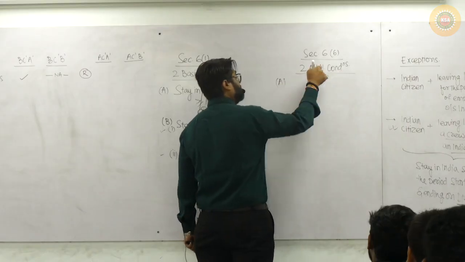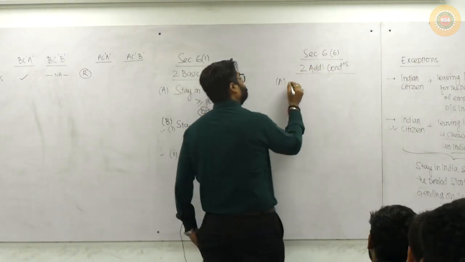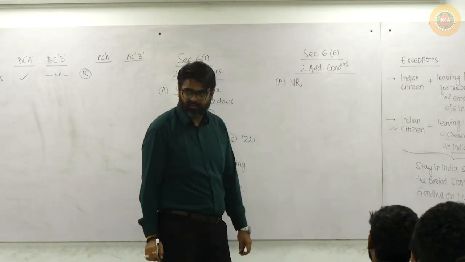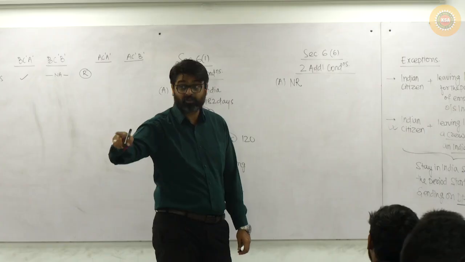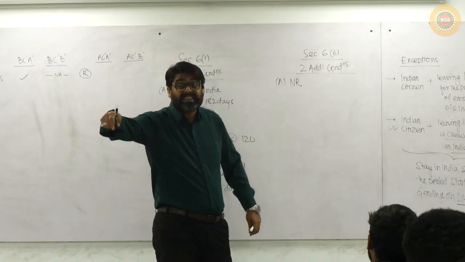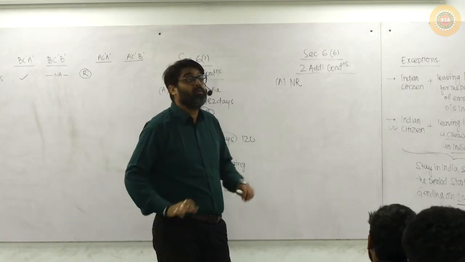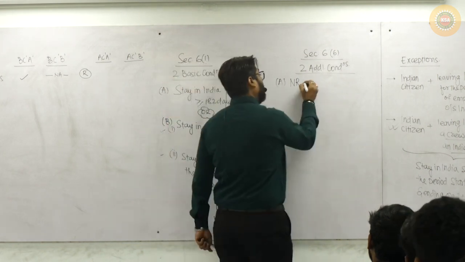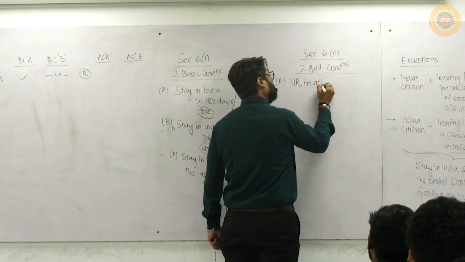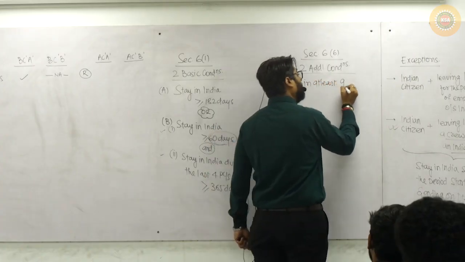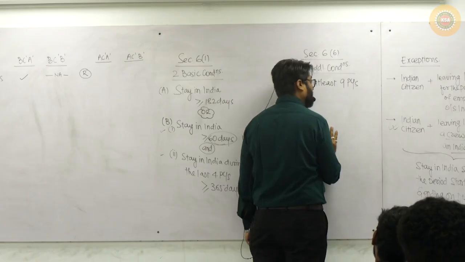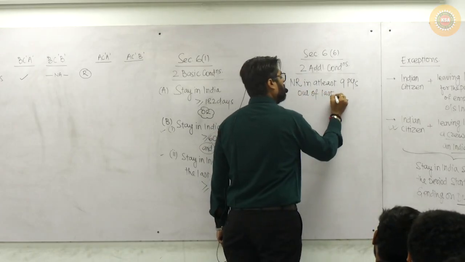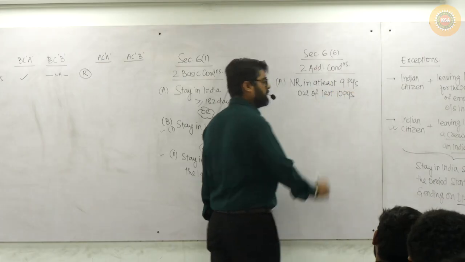Additional condition A says that he should be a non-resident in at least 9 previous years out of the last 10 previous years.